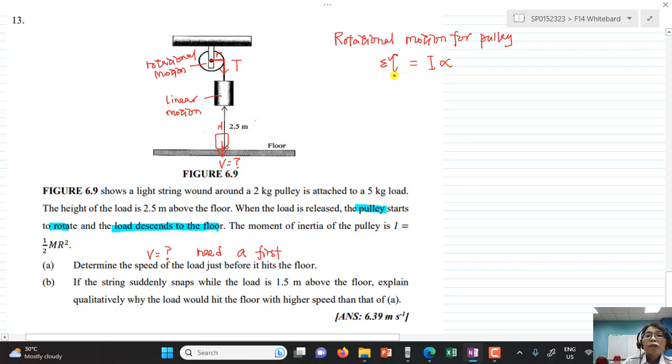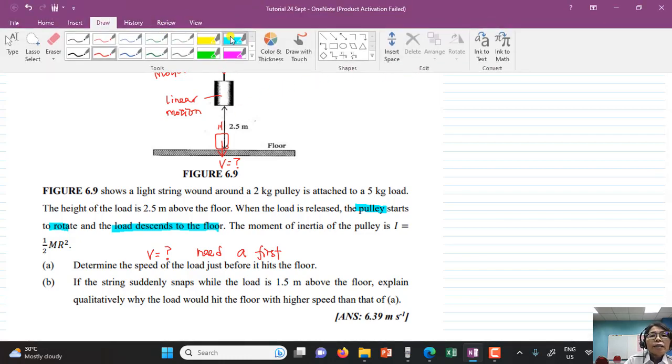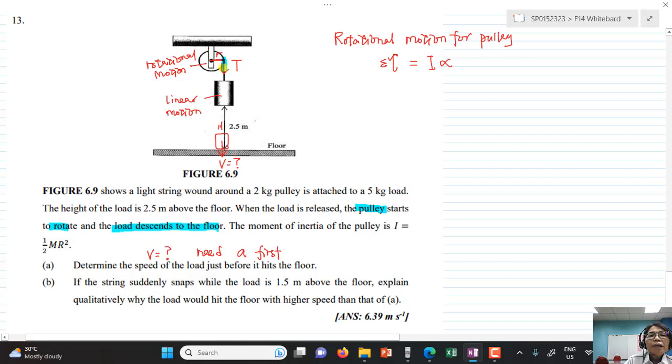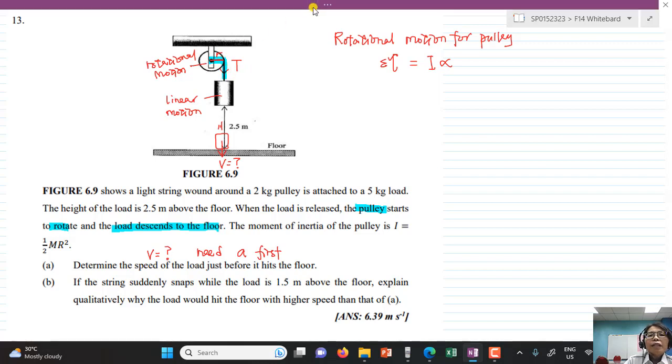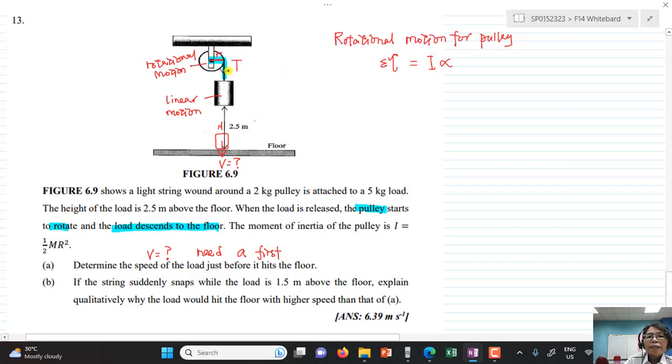So the force that creates the torque is the tension in the string. So the tension in the string, which has a distance r from the axis of rotation, creates torque. So we have R multiplied by the force, which is tension.